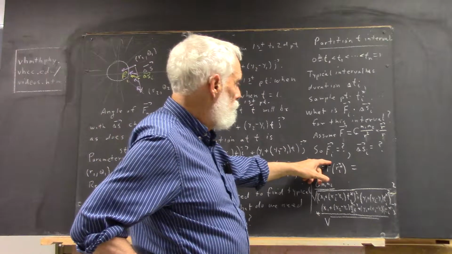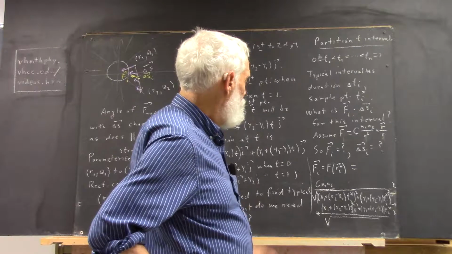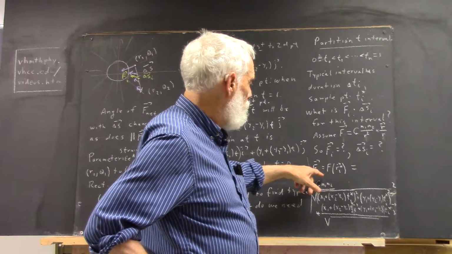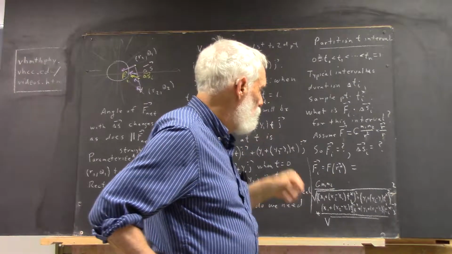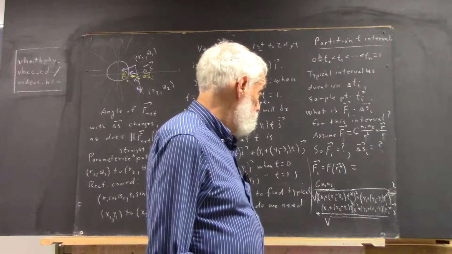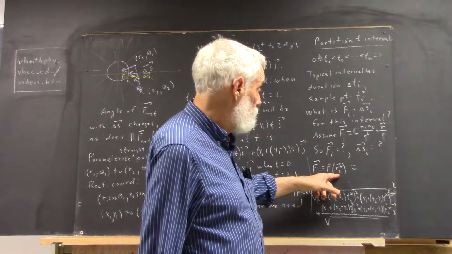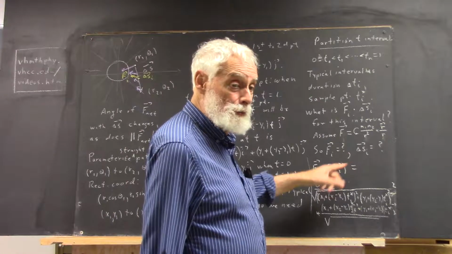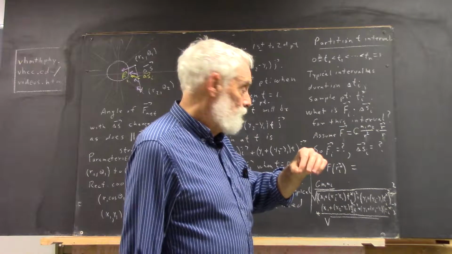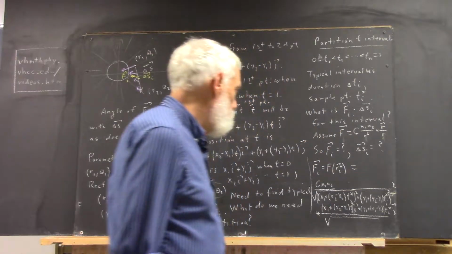So what is f i and what is delta s i? Your f i is going to be the force that occurs at distance r sub i star, where I'm back to polar coordinates, but r sub i star is just x sub i star plus y sub i star, that is, x of t sub i star, y of t sub i star.